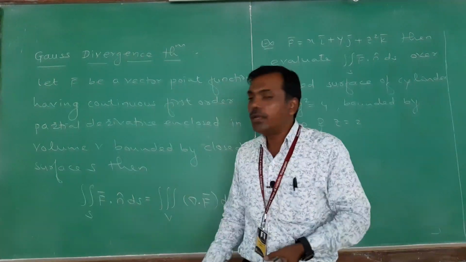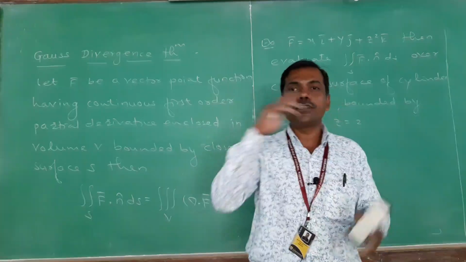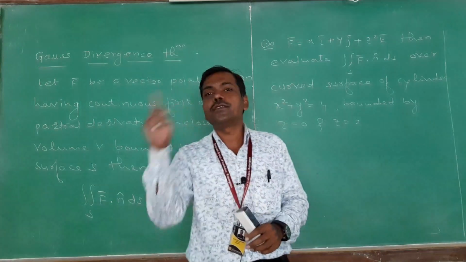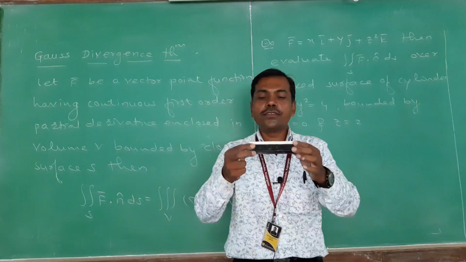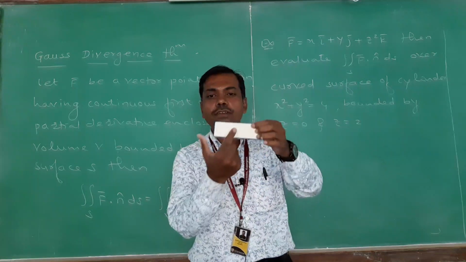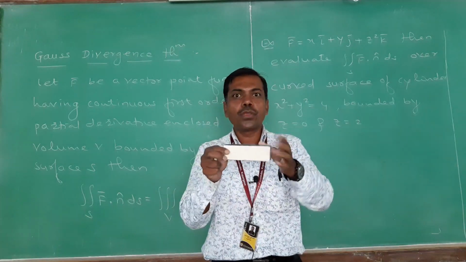Very first example is the example of your class. If you see carefully, there are 6 surfaces in this class, and the volume is enclosed by these 6 surfaces, or the duster in my hand. You can see the volume enclosed by 6 surfaces here. Front surface, back surface, then side surface 1, 2.